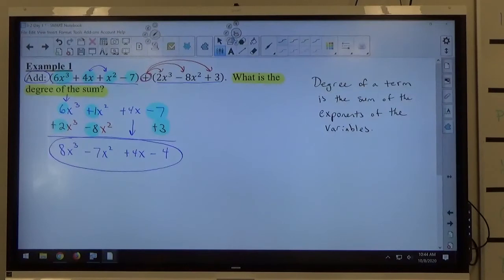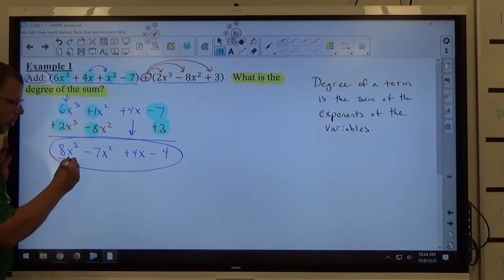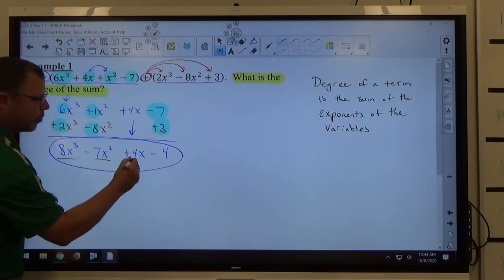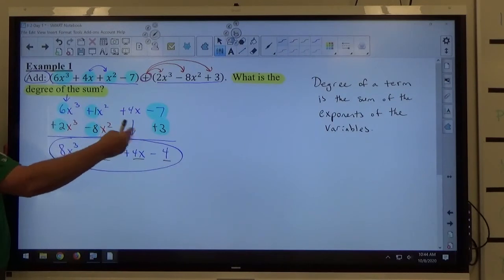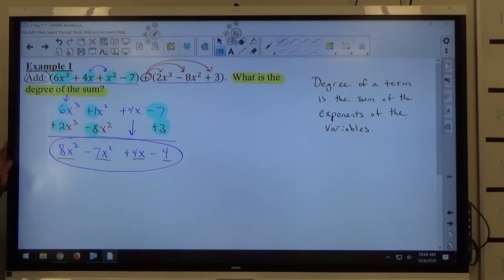Terms are separated by pluses and minuses. So in this problem, 8x cubed is a term, 7x squared is a term, 4x is a term, 4 is a term. Each plus or minus separates the terms. Term 1, term 2, term 3, term 4.